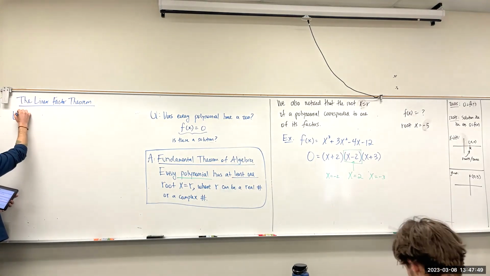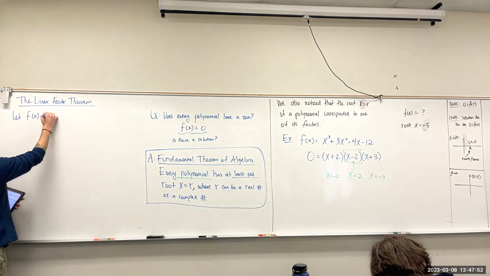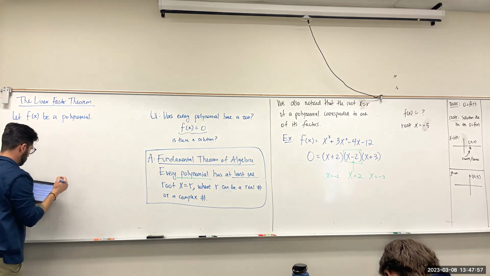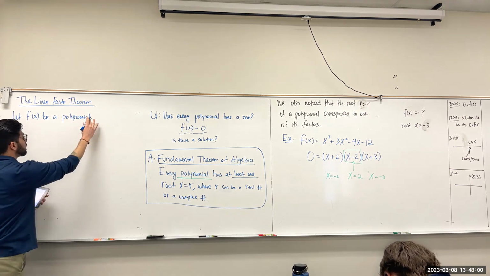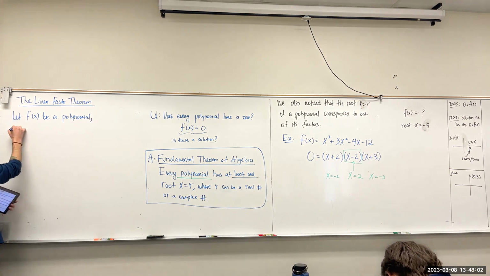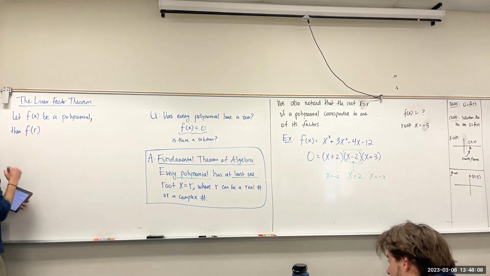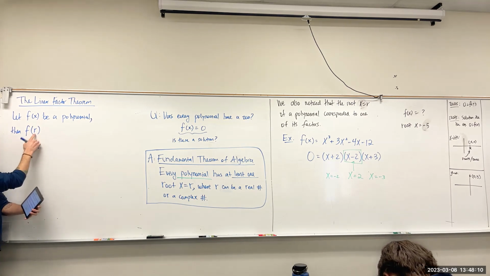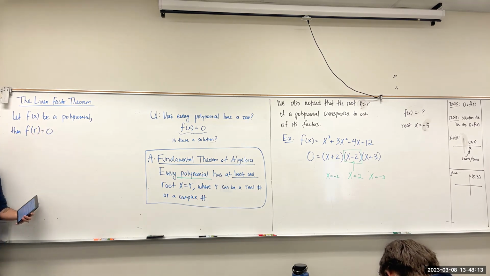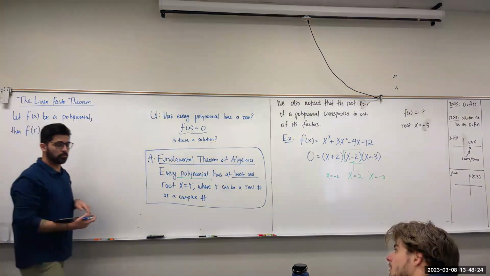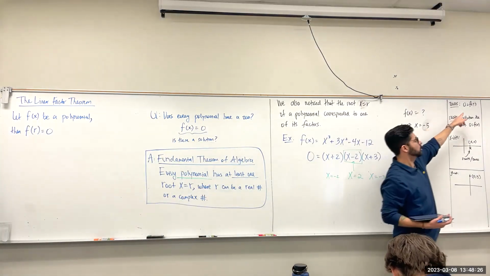It says, let f of x be a polynomial. We have to be dealing with a polynomial. Then if I plug in a number r and it equals 0, what's the name of this number? If I plug it into the function and it gives me 0, it's a root, or a 0 of the function.